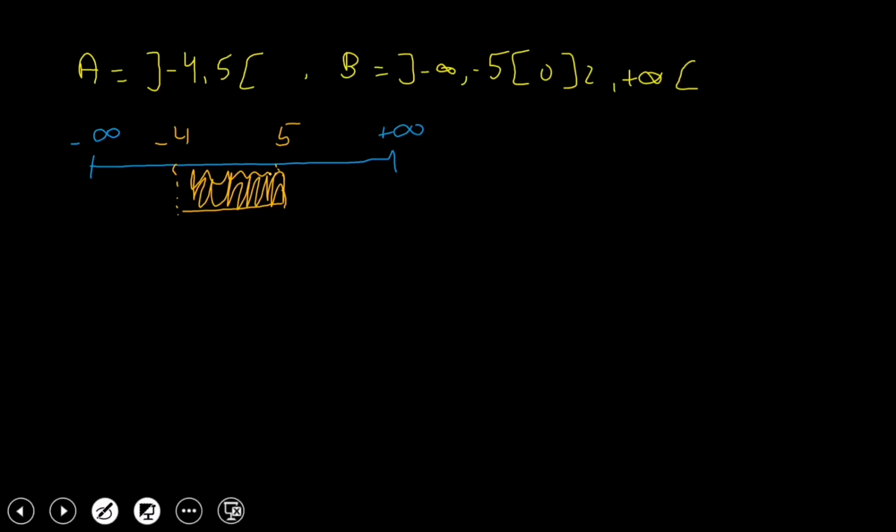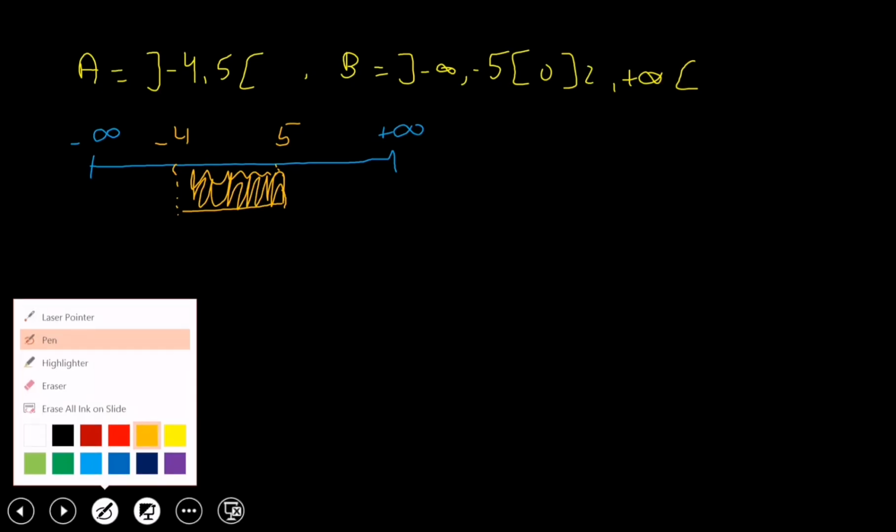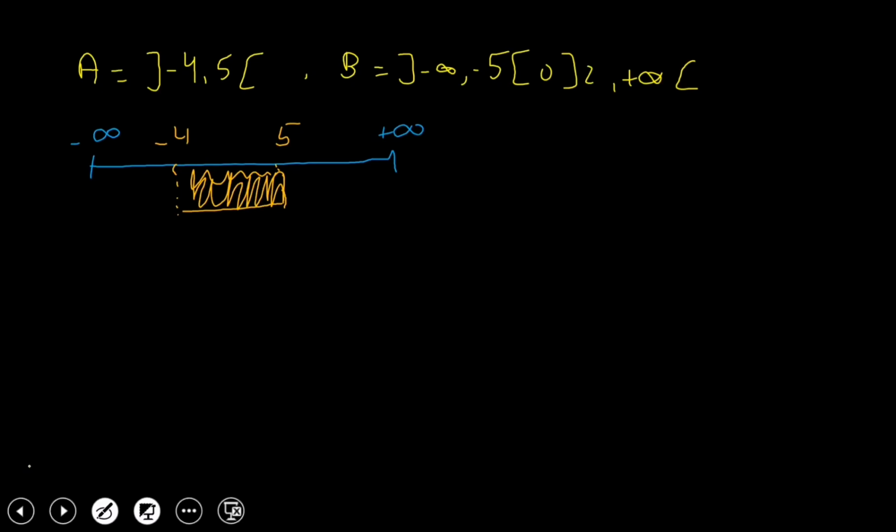Now, where's the set B? B is the set from -5. Okay, I'll use another color. Let's say the green one. -5 comes here. And 2 comes here. Okay. B is the set of real numbers less than -5 and greater than 2.